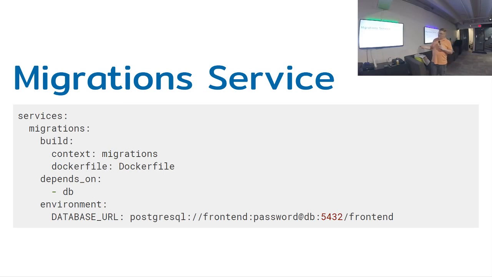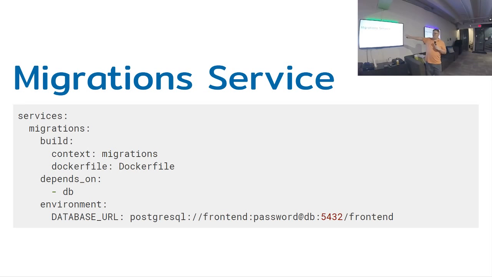The migration service, which I'm not going to talk about too much, the context is that migrations directory that I glossed over when I showed the directory earlier. In that directory is the migration service, and it has its own Dockerfile.